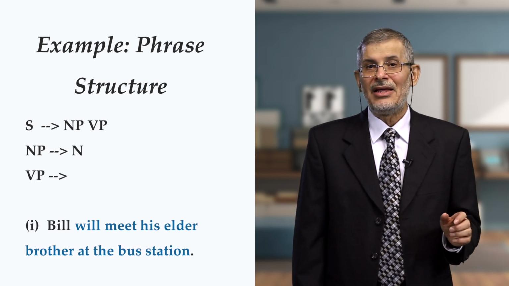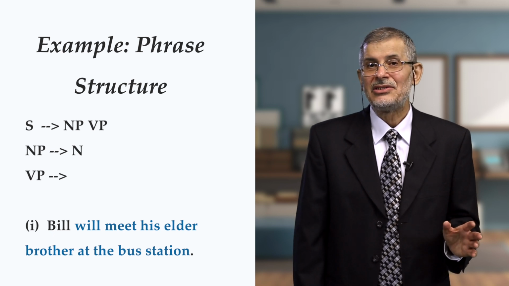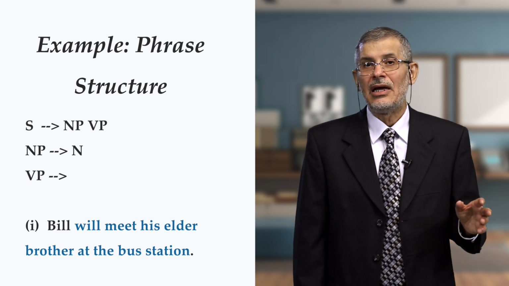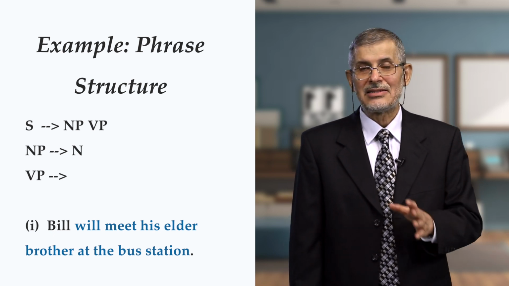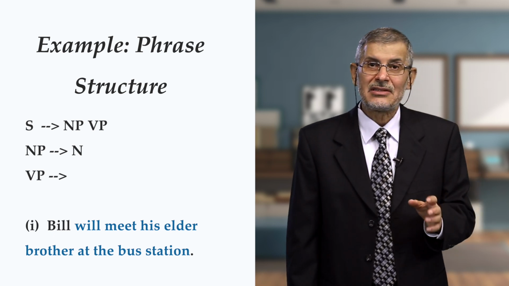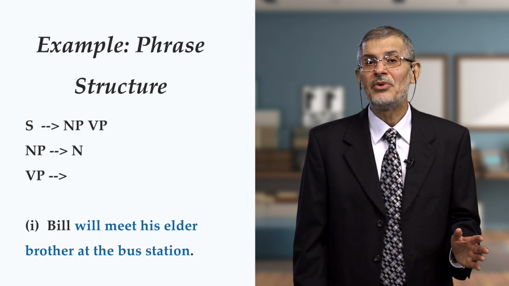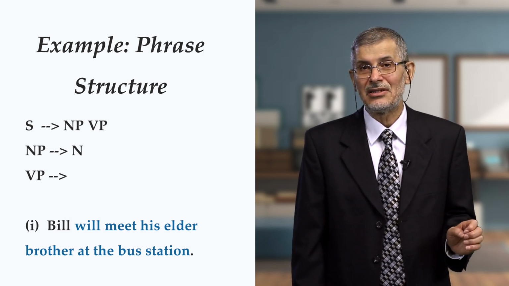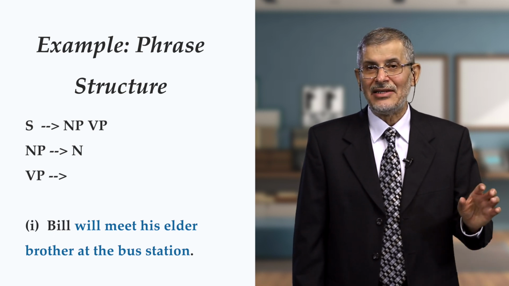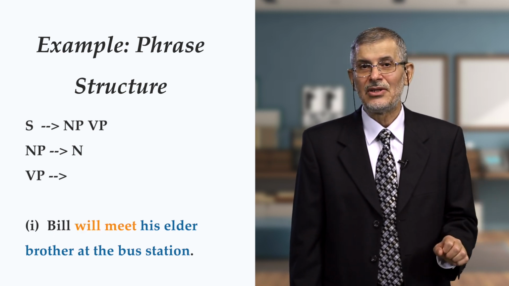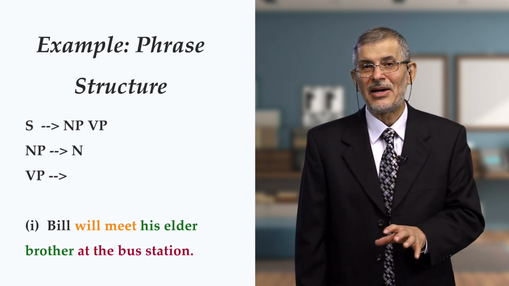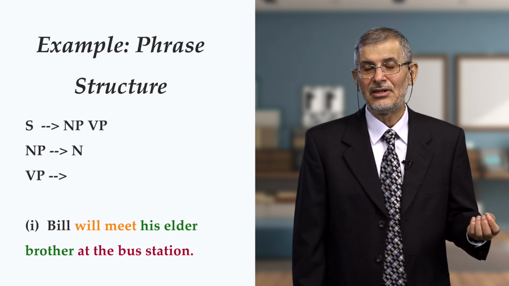However, the second immediate constituent, and that is the verb phrase, will meet his elder brother at the bus station. This consists of lots of words, and we can divide it into immediate constituents. We can divide it into will meet as one constituent, his elder brother as a second constituent, and then at the bus station as the third constituent.